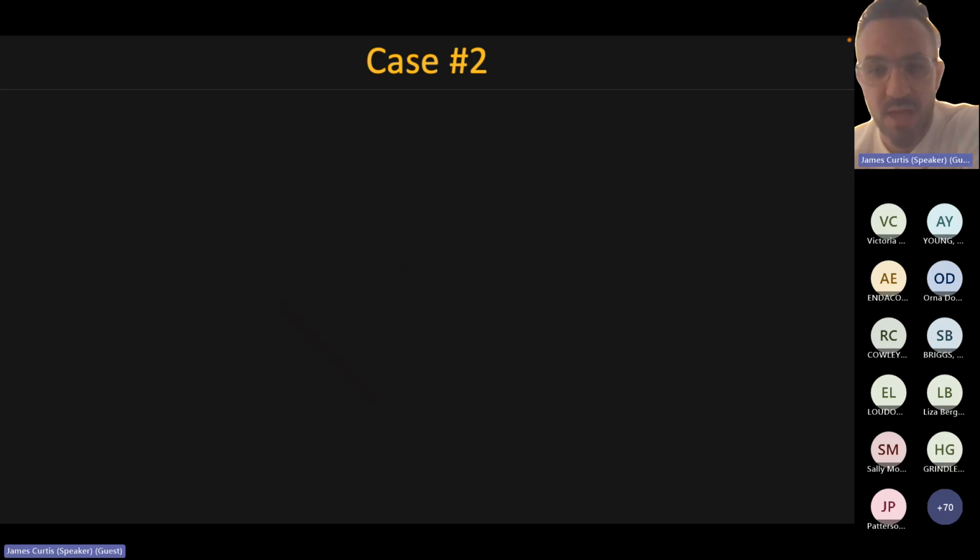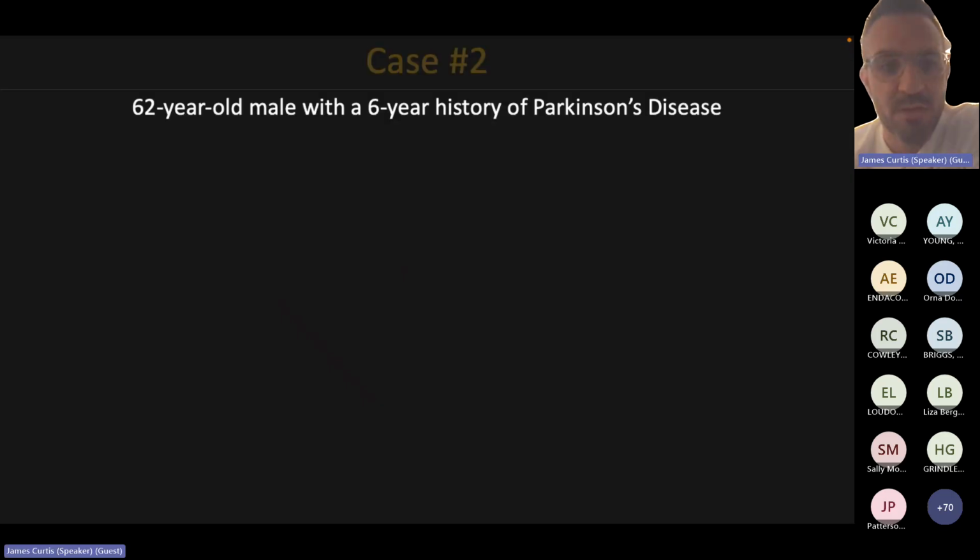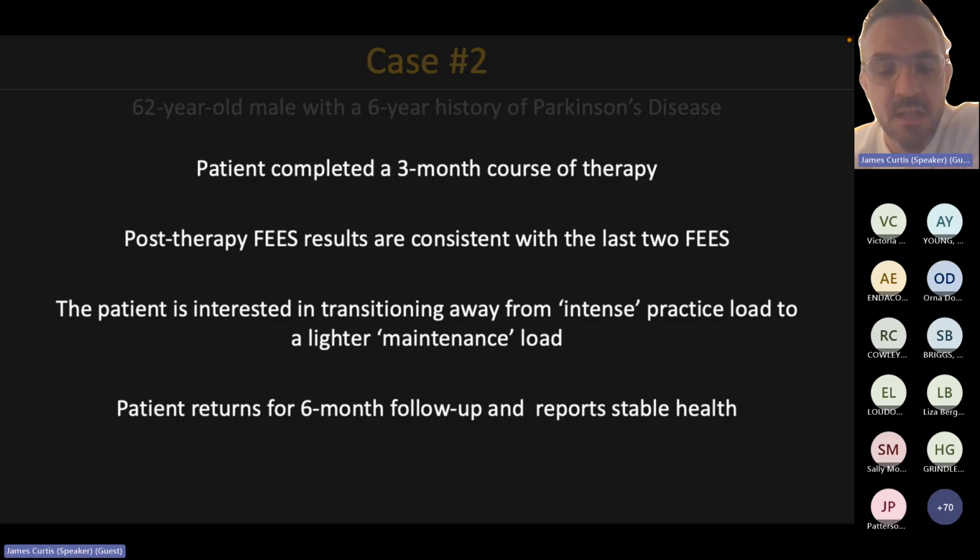Let's say we have this similar case. We have a 62-year-old male with a 6-year history of Parkinson's disease. And this patient previously completed another 3-month course of cough and swallowing therapy. Post-therapy results are consistent with the last 2 phases that this patient had previously undergone, suggesting that the patient might have hit a plateau in swallow function and maybe rehabilitative gains.